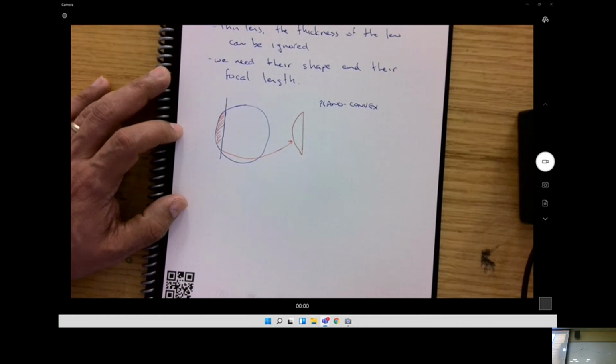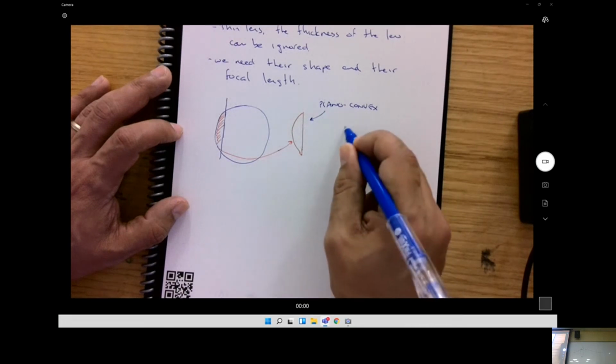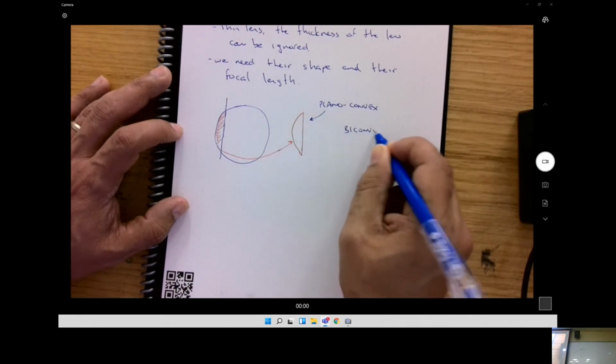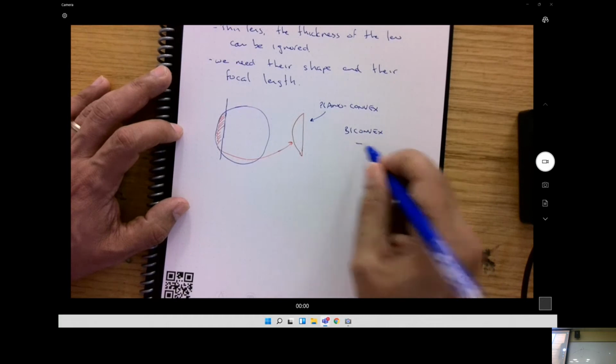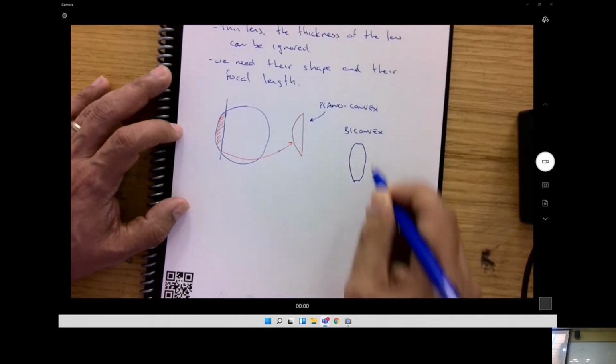We can also have biconvex lenses. This is a plano convex and a biconvex lens would be something like this.